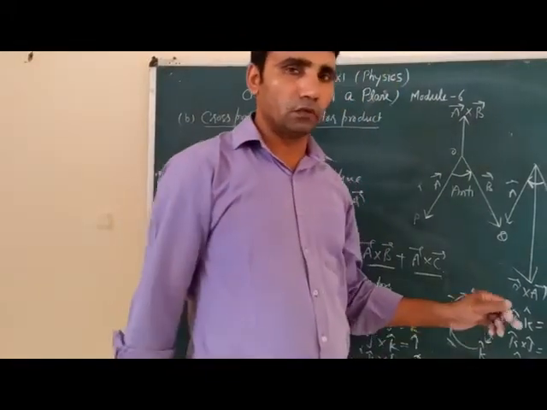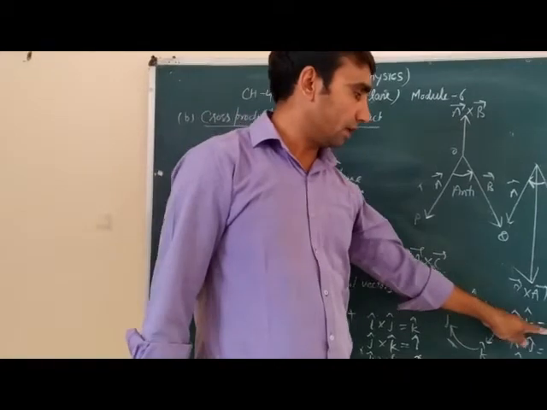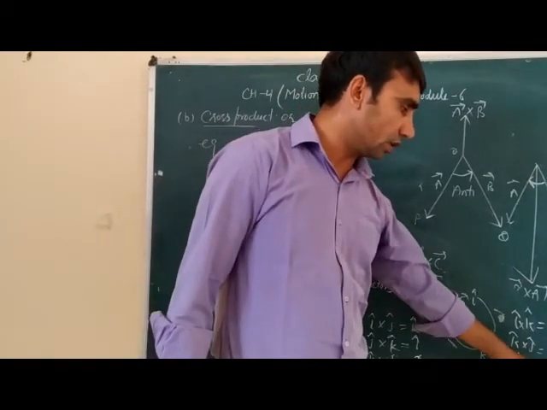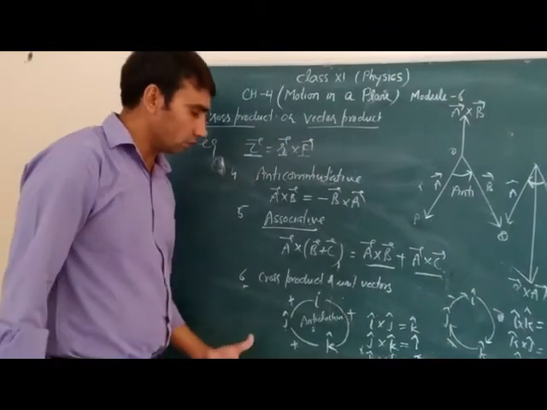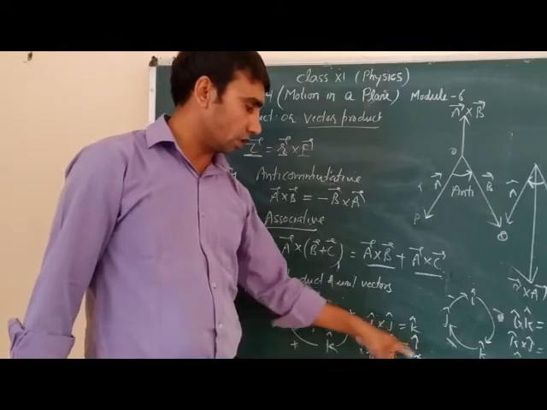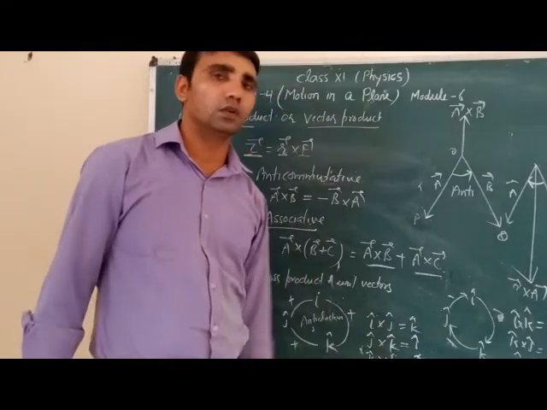But in anti-clockwise rotation we get I cross J equal to K, J cross K equal to I, and K cross I equal to J.